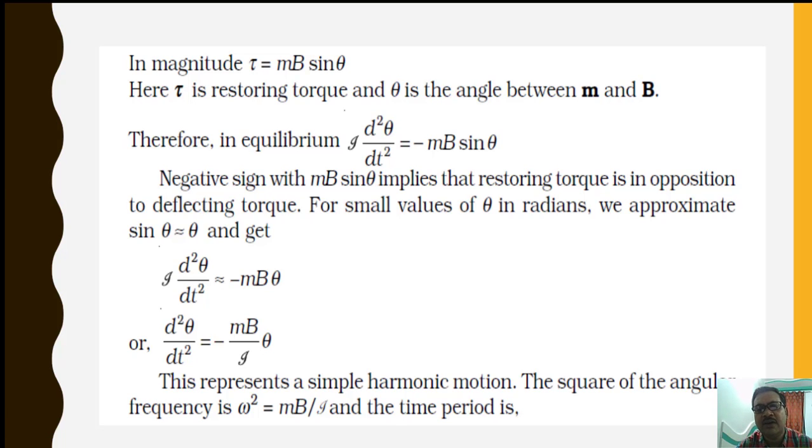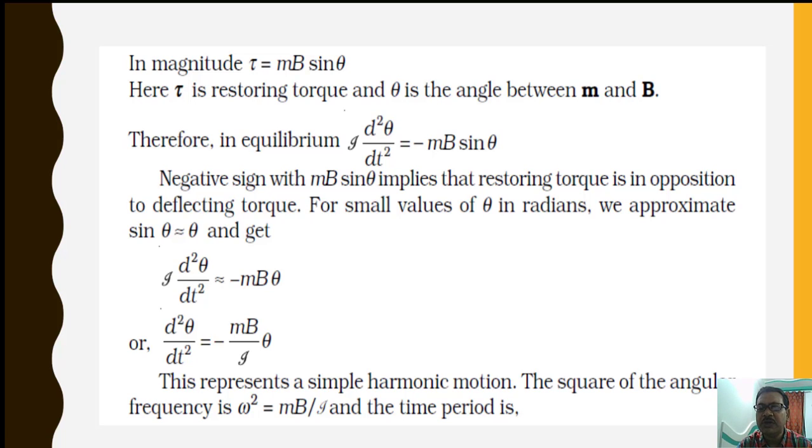We know that d theta upon dt is omega, and d omega upon dt is alpha, angular acceleration. So therefore, I d square theta upon dt square equal to minus mB sin theta. The negative sign with mB sin theta implies that the restoring torque is in opposition to deflecting torque.